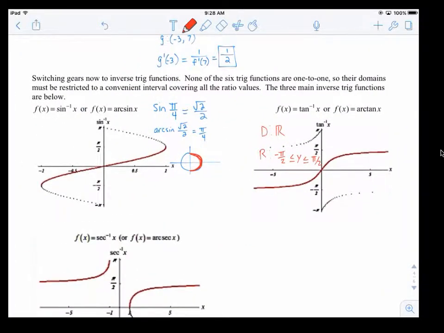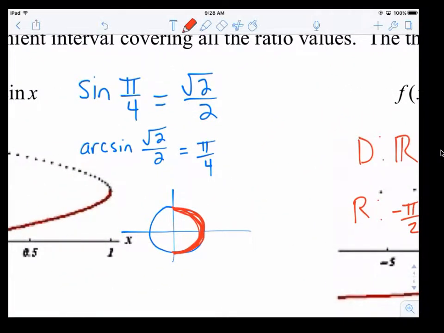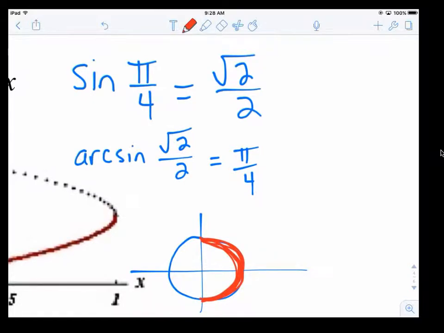Most of the questions that I've seen will ask you more like arcsine or arccosine, because those are the easier ones to remember. Usually when you take the trig function of an angle, you get a ratio. Now you're taking the ratio and trying to figure out where on that unit circle it happens.